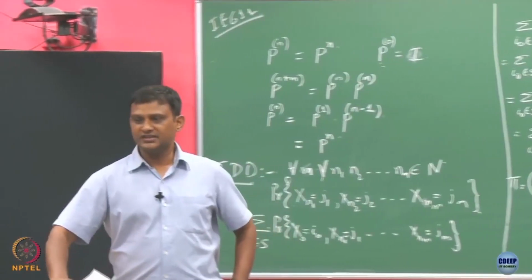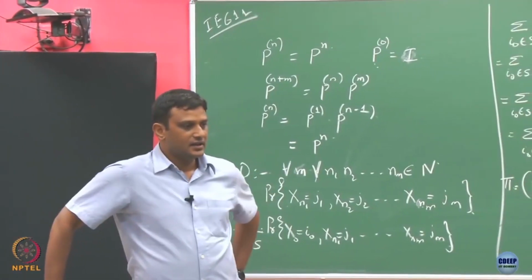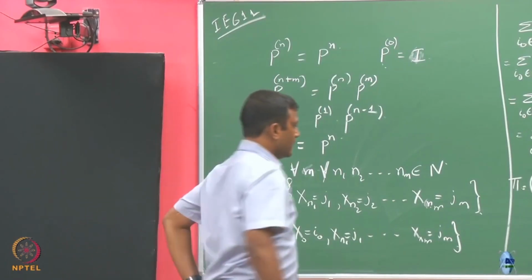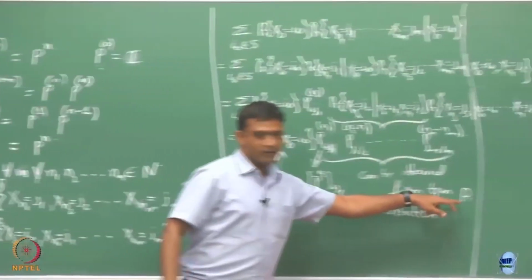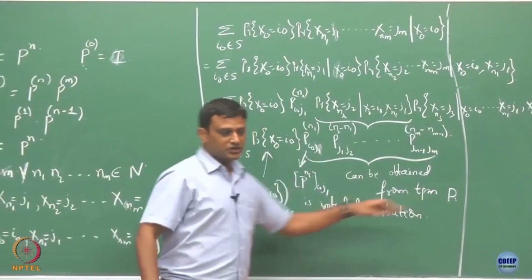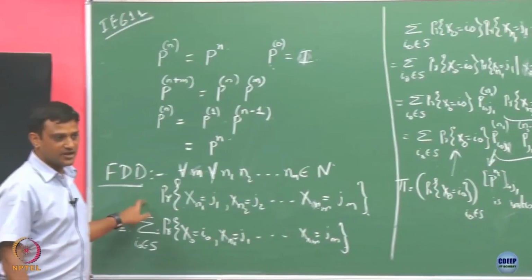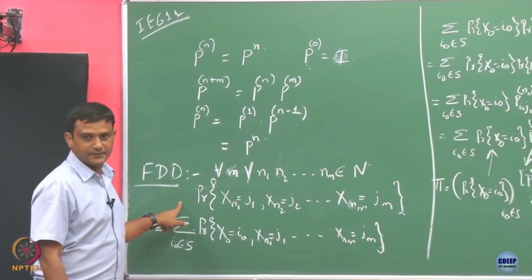So if you know the initial distribution and your transition probability matrix P, you will be able to characterize all finite dimensional distributions of a Markov chain.